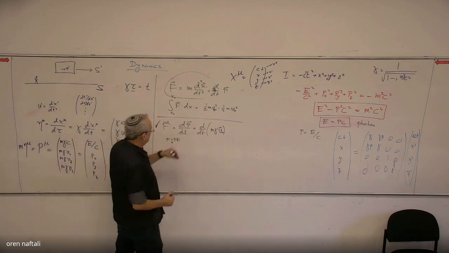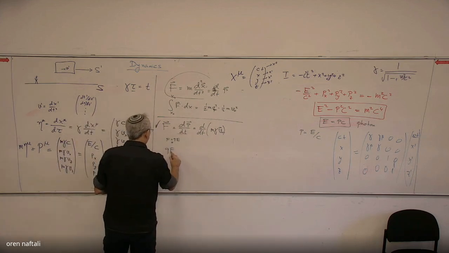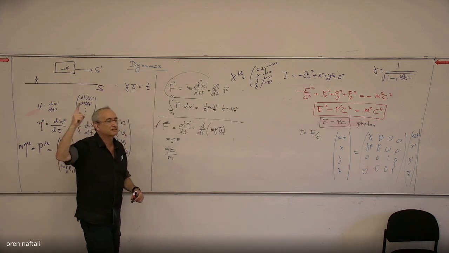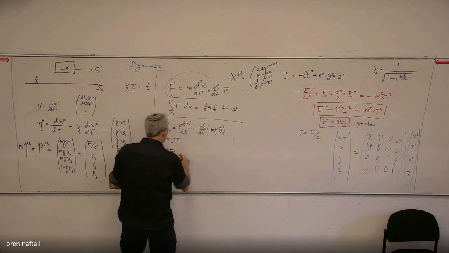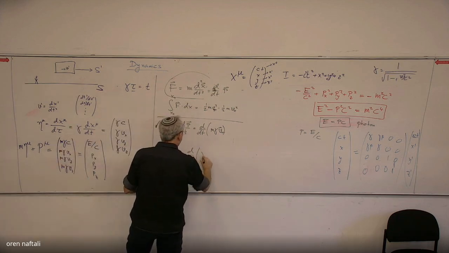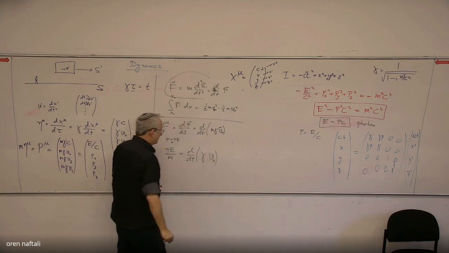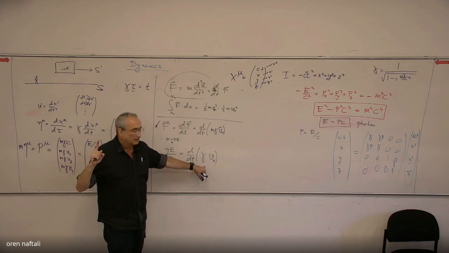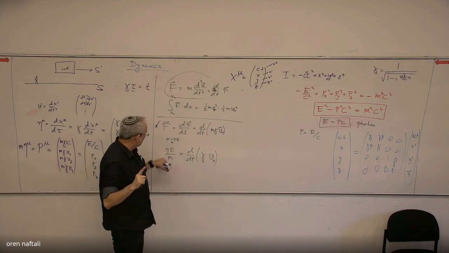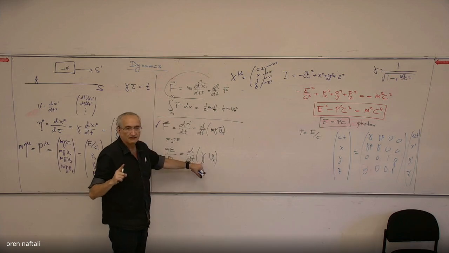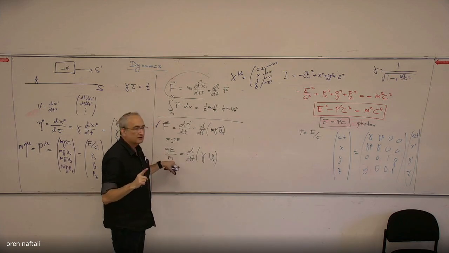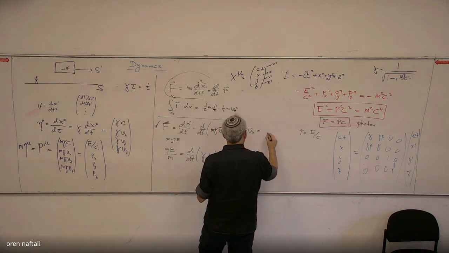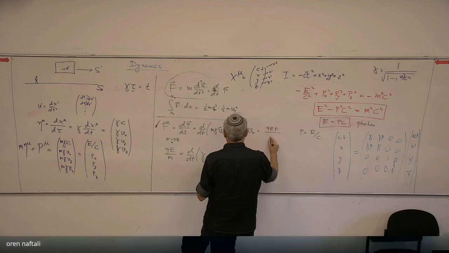So this equation allows me to write QE divided by m, where m is the rest mass of the particle, like the rest mass of the electron, equals d/dt of gamma times Vx. Note that gamma depends on Vx. However, this equation is very simple because this is a constant. So if a constant is equal to the time derivative of something, then something is equal to constant times t. So we know that gamma Vx will be QEt over m.